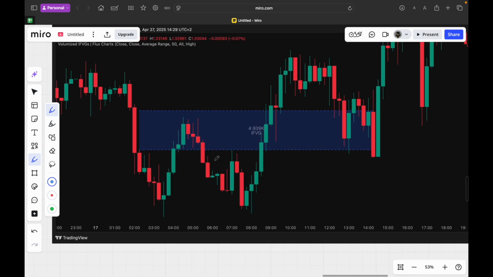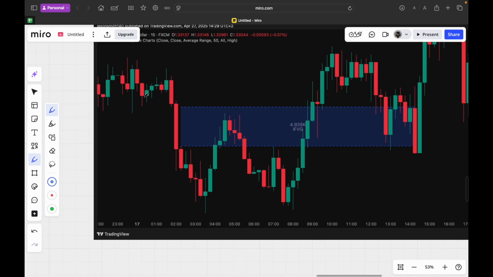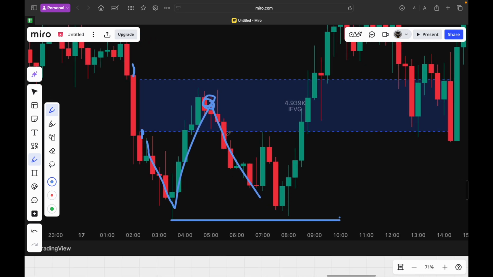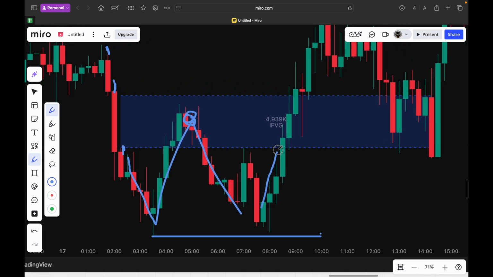When we look at this entry model right over here, we had our candle 1, candle 2, candle 3. Price came back into the normal fair value gap, went away from it, never took out this low right over here. Price retraced.